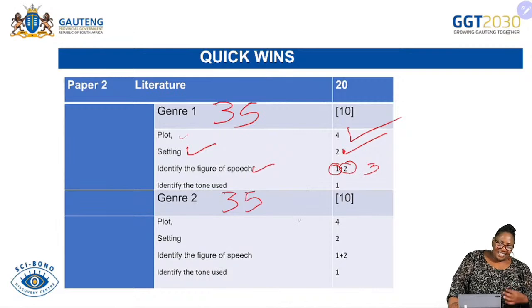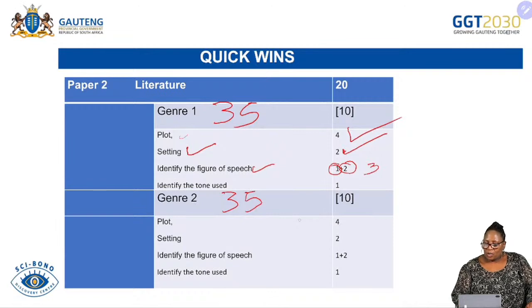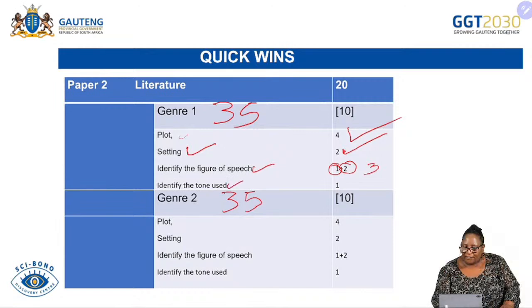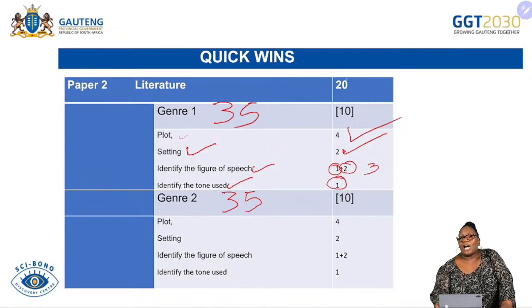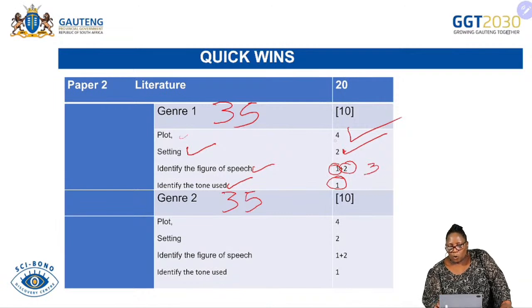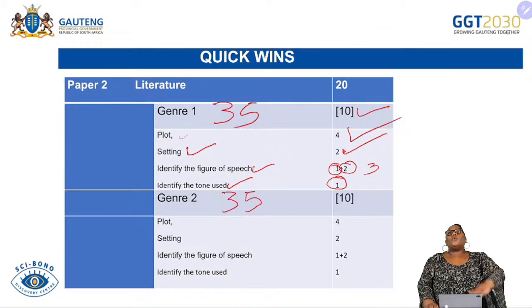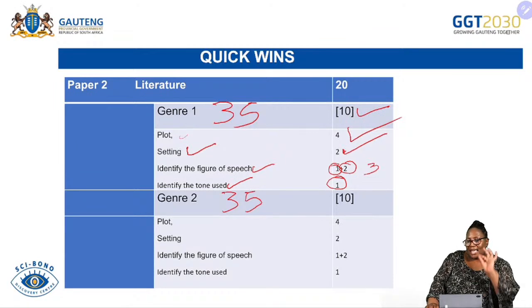The last easy question will be your tone question. You must know how to identify the tone used in a particular line. And for that is 1 mark. So you will have, let's count, 4 plus 2 plus 3 plus 1 gives us how much? 10 marks. Then you will do other questions to add on the 10 marks that you already have in the bag.